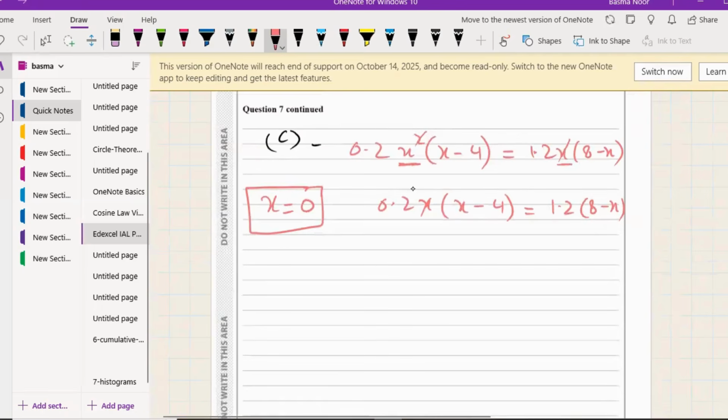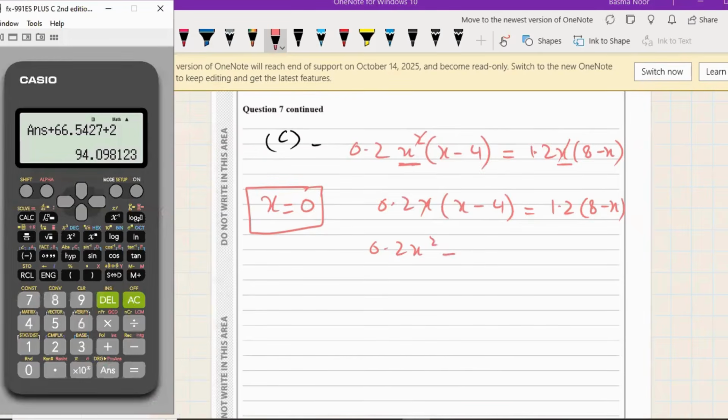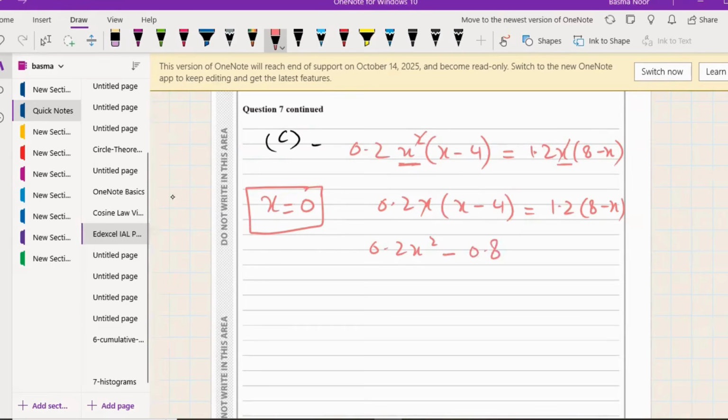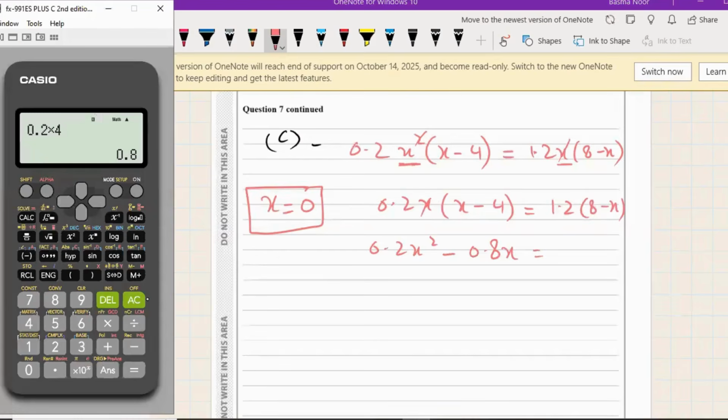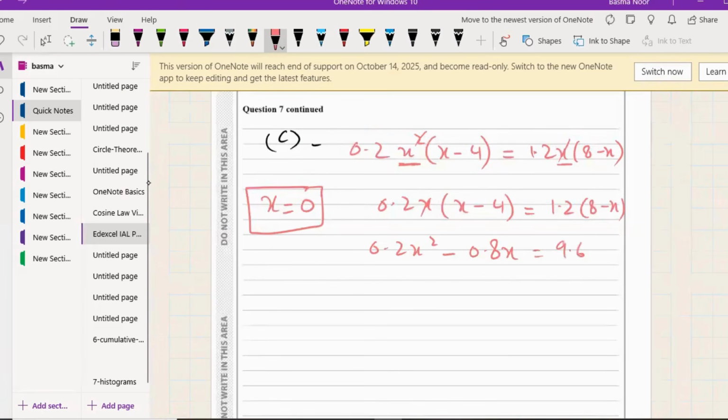Now we can expand, so we'll get 0.2 x square minus 0.2 times 4. 0.2 times 4 will be 0.8x, equals to 1.2 times 8. 1.2 times 8 will be 9.6, minus 1.2 times x will be 1.2x.